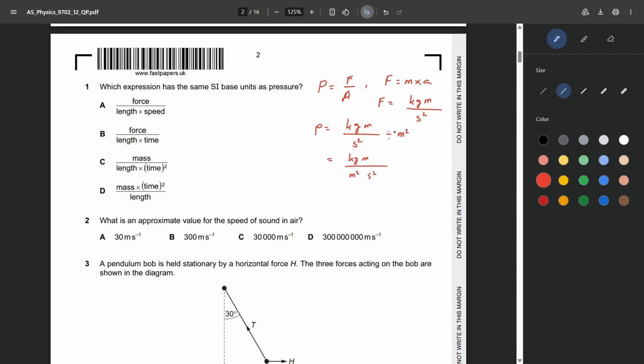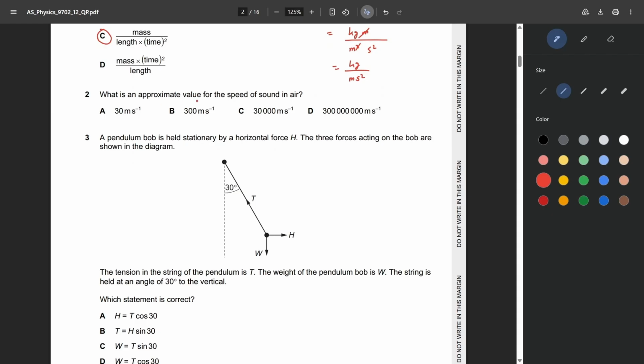If we replace this division sign with a multiplication sign, we get a reciprocal of the meter square. So if we remove the meters from the numerator and the denominator, we get kg per meter second square, which is mass divided by length times time square. So the answer would be C.